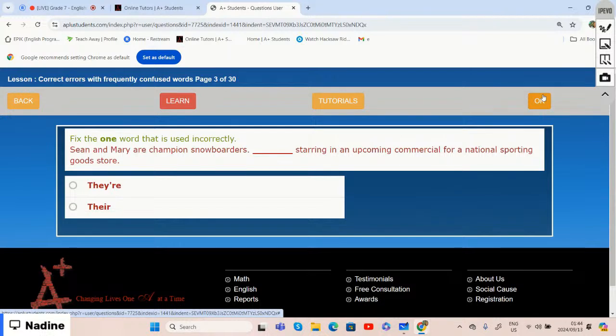Option one, they're, or option two, their. So we need to say which one is correct.